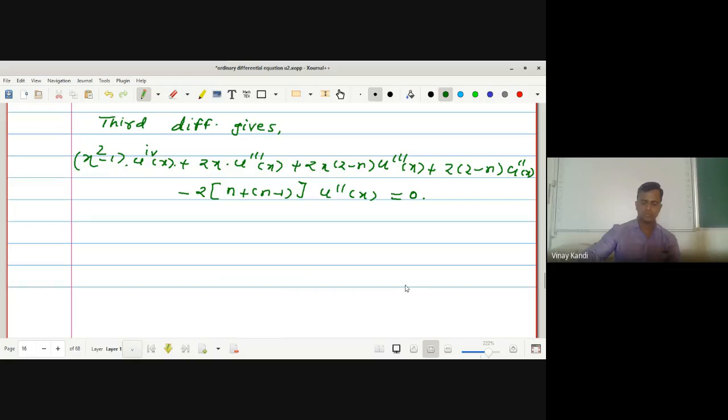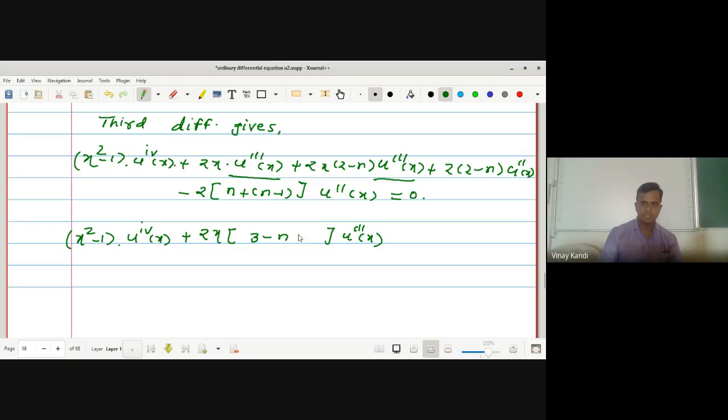Okay, now rearrange the terms. X square minus 1 into u raised to fourth power, fourth derivative of x, plus taking 2x common from these two, 2x into bracket, and u triple dash of x is also common. So in the bracket here we remain 1 plus 2 minus n. Okay, so instead of 2 minus n we can write directly 3 minus n. Okay, any doubt?